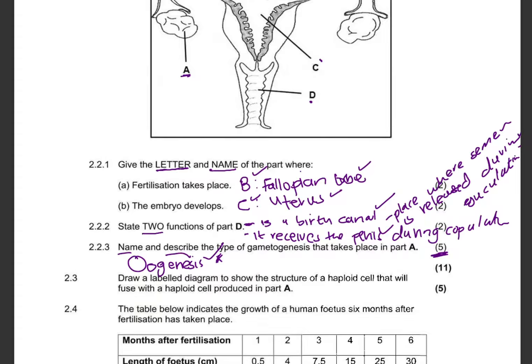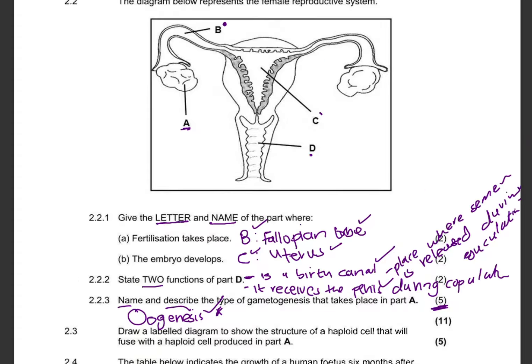Okay, so let me write the process here. I always talk about the importance of understanding oogenesis, how to describe oogenesis and spermatogenesis. So as mentioned already, oogenesis is the type of gametogenesis that will take place in the ovaries. That's the first mark.